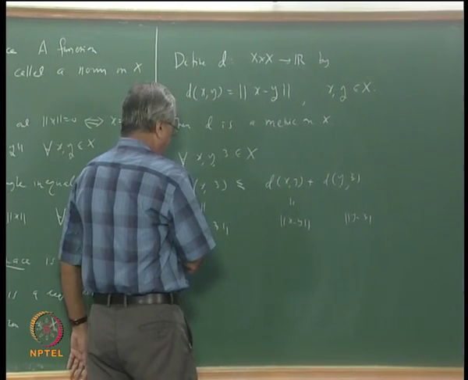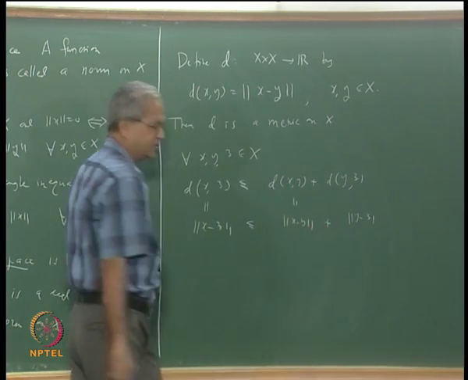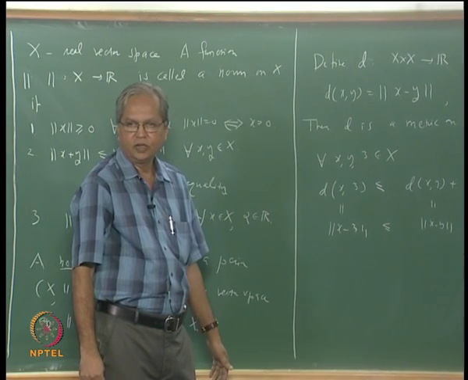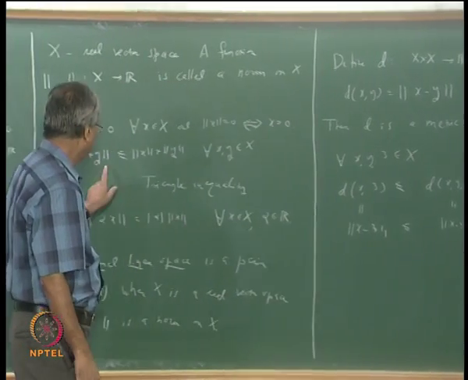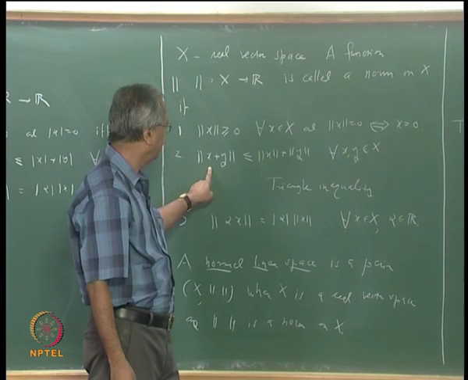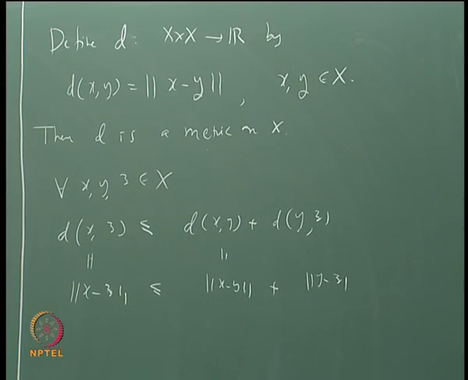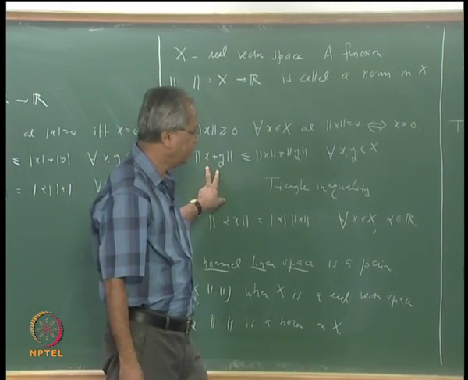So can you say that norm of x minus z will always be less than or equal to norm of x minus y plus norm of y minus z? And again, from what does it follow? This property here. For example, you take a as x minus y, b as y minus z, then x minus z will be a plus b, and that will give this property here.